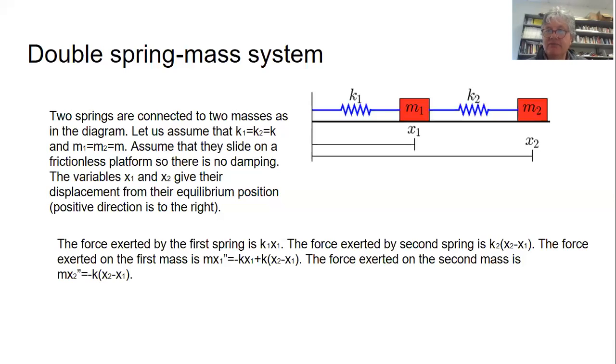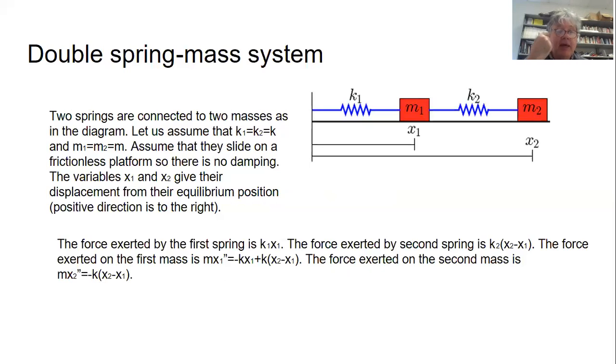And so this is just a simple adding up of forces, right? The force exerted by the first spring is k times x1. The force exerted by the second spring is k times x2 minus x1, right? Because if x1 equals x2, then that second spring isn't compressed or stretched at all.